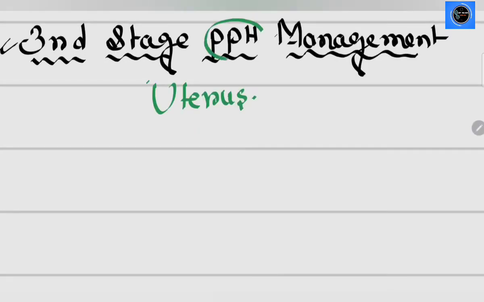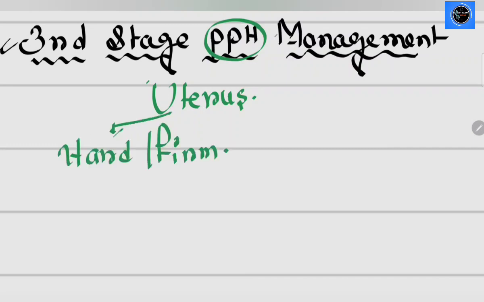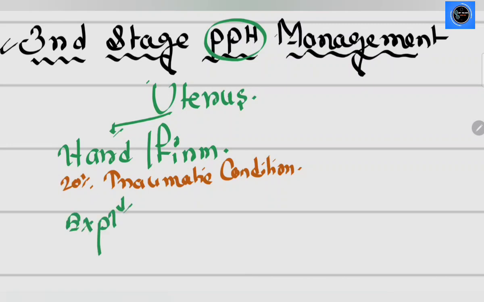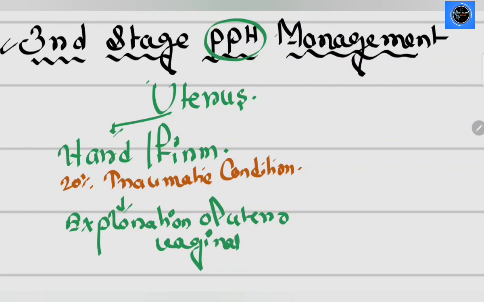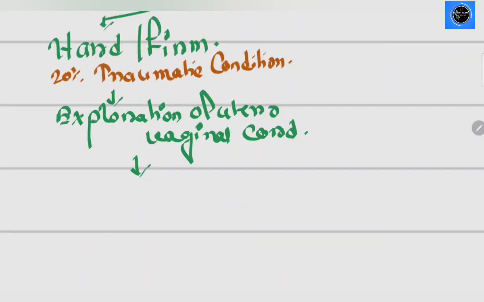In the case of PPH, we manage according to the condition of the uterus. If you feel the uterus is hard or firm, there is a 20% chance this PPH is due to a traumatic condition. In this case, you can explore the uterovaginal canal, then perform hemostatic suturing.